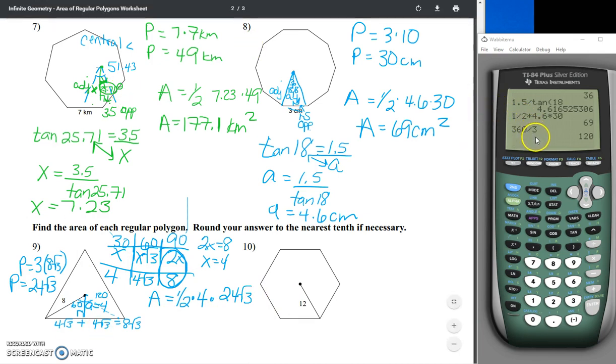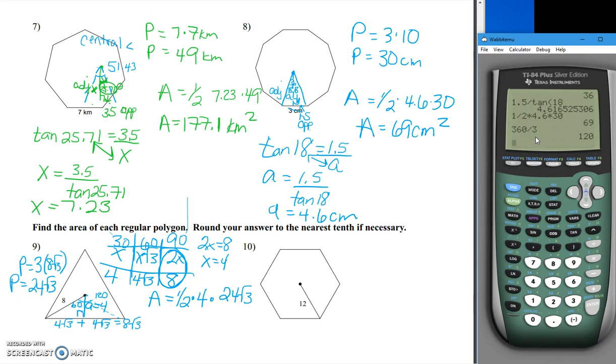I'm going to have 1/2 times 4 times 24 square root of 3. And that gives me an area of 83.1. And I don't have any units, so it'll be units squared.